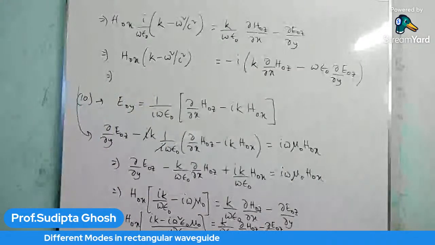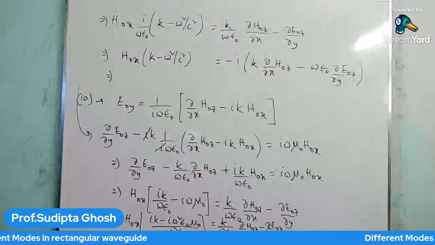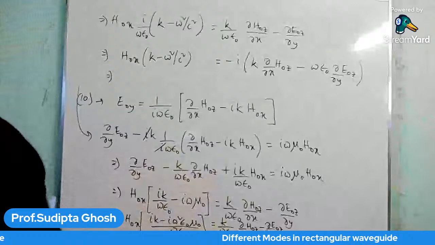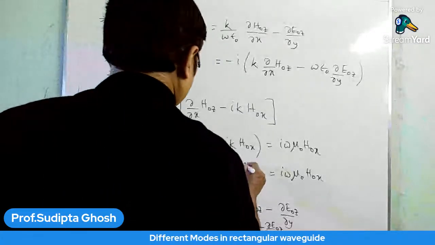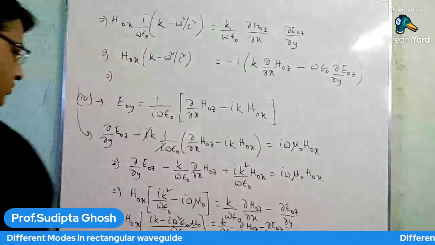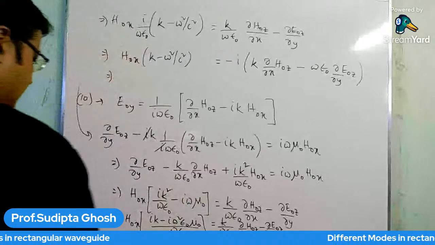I think I have made a mistake here, k omega epsilon 0, and then here it will be k square, right? So HOX with a k square term.